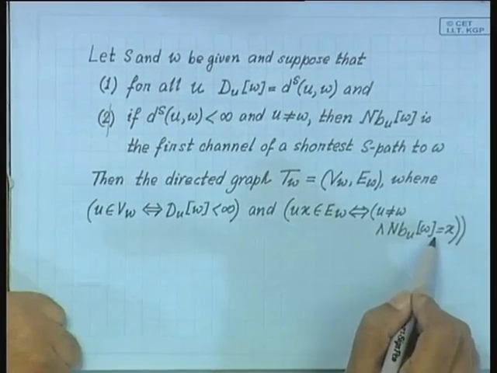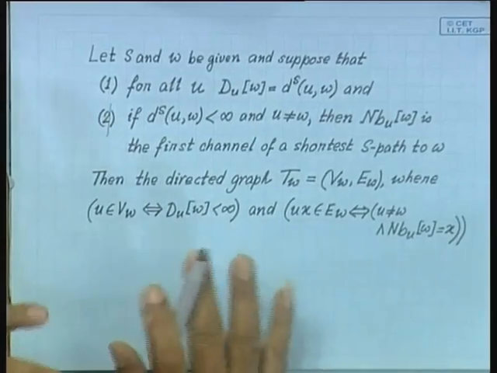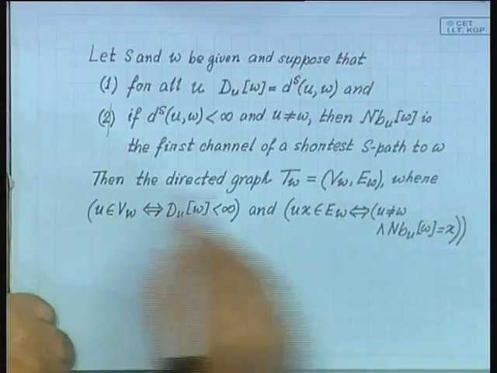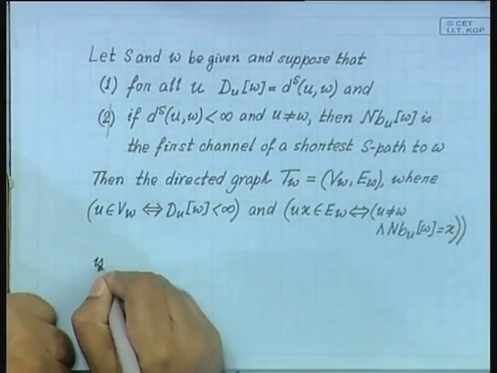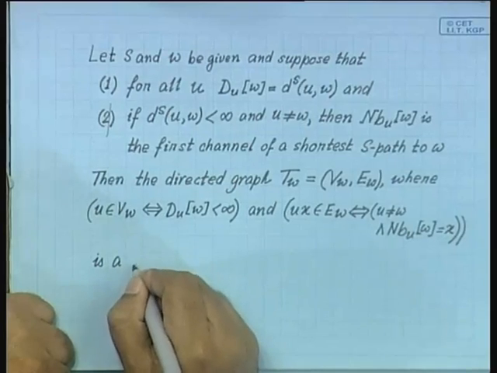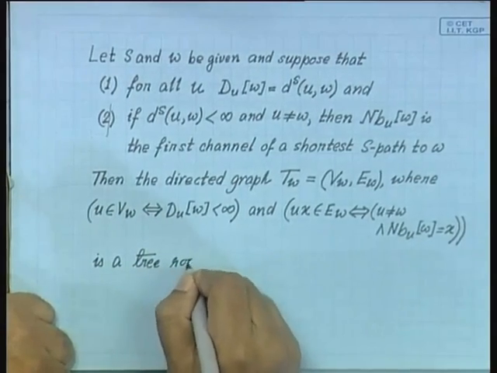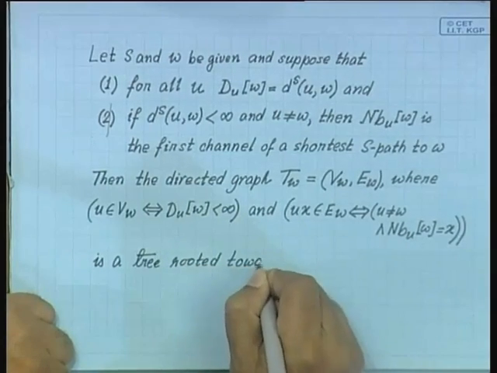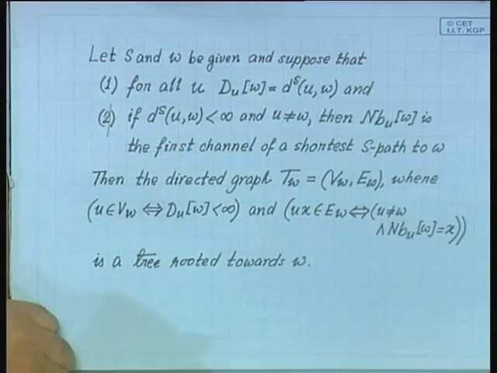Okay. Now, this is the graph. Okay. I will explain the graph very shortly, but our claim is that this directed graph is a tree rooted towards w. It is a tree rooted towards w.